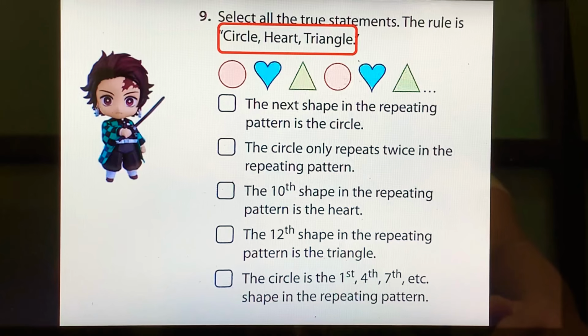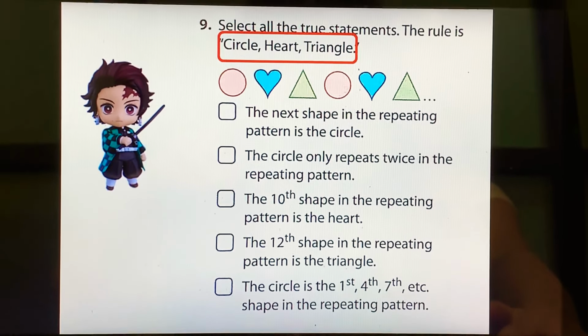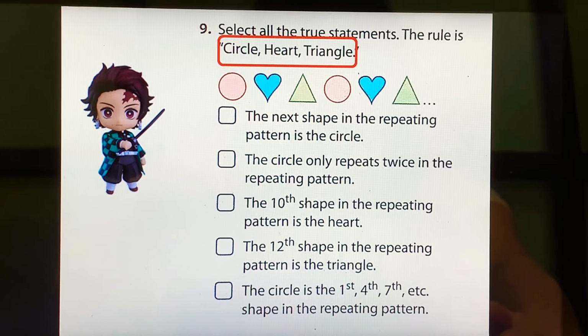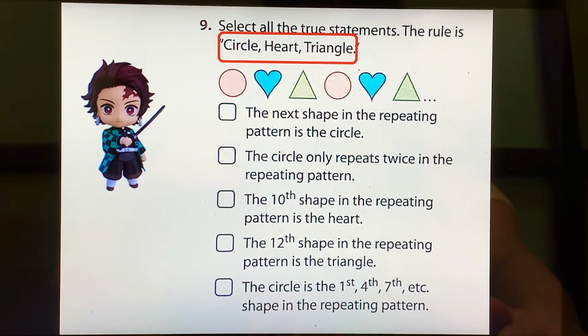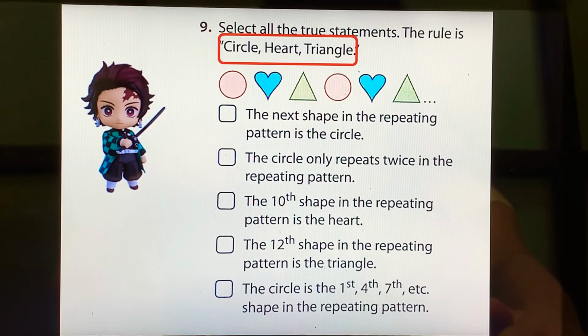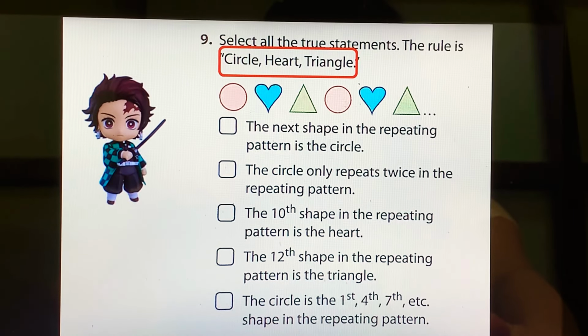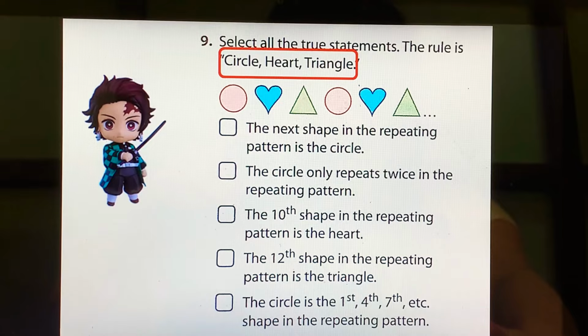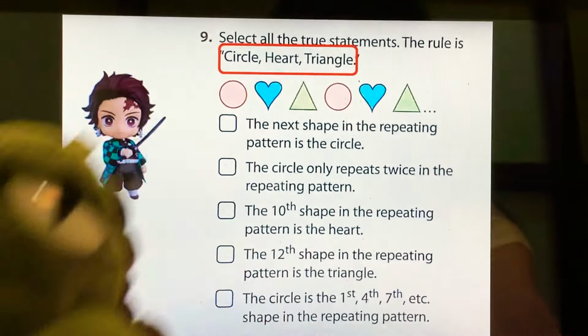The 10th shape in the repeating pattern is the heart. Is it true? The 12th shape in the repeating pattern is the triangle. Is it true? The circle is the 1st, 4th, 7th, etc. shape in the repeating pattern. Is it true? Select all the true statements. Let's move on.